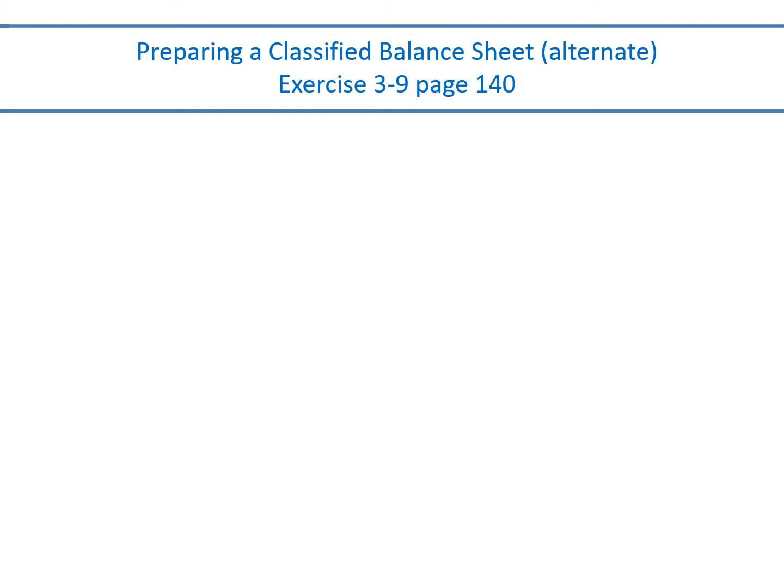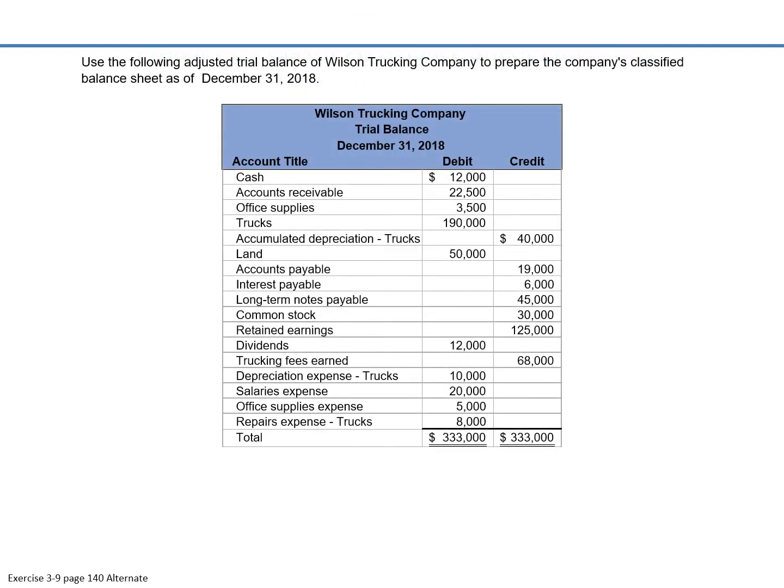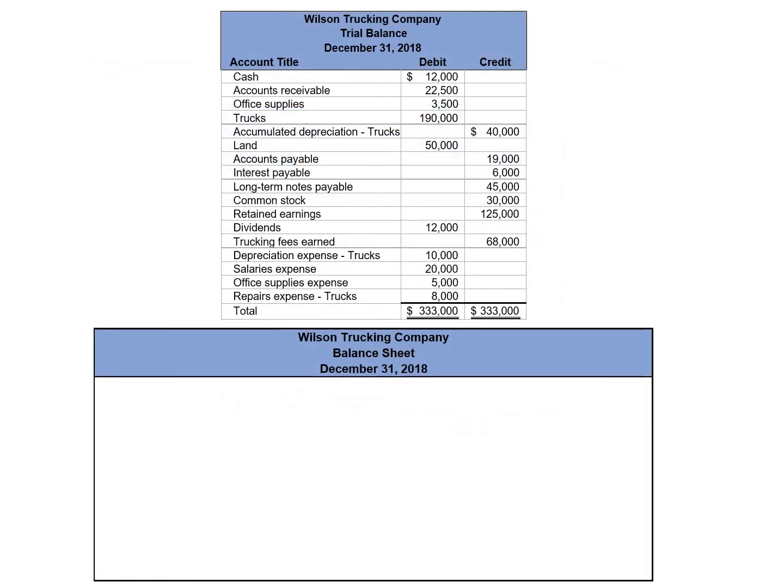All right, so once again, you know the drill. Using the following information, prepare the classified balance sheet. Okay, so let's set up our sections.